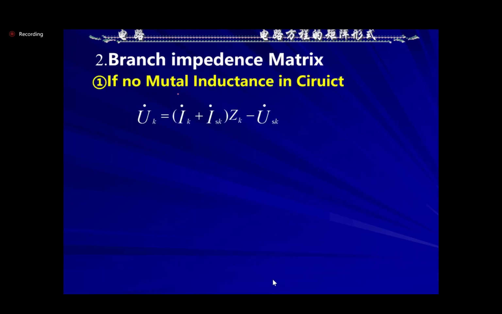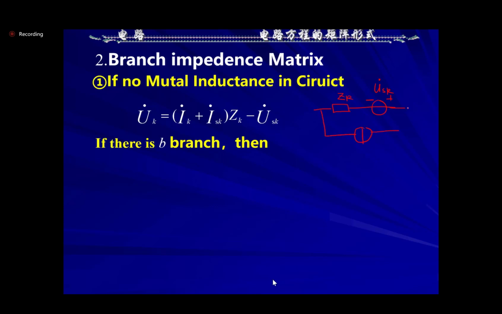If there's no mutual induction in the circuit, this is the USK, this is the ZK. This is ISK. This is IK. This is UK. Attention, this UK means the voltage from the left side to the right side.